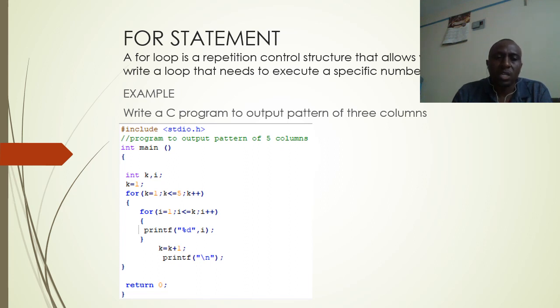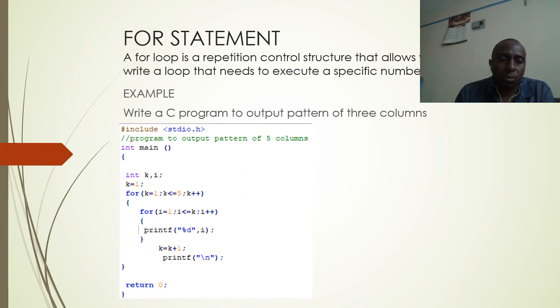When it reaches 5, the execution will be terminated. So we're incrementing the rows. Then you open a curly bracket for i beginning from 1, the same as k. i is less than or equal to 5, so you should output 5 times as the rows. The columns should also be 5, so they should be equal. i plus plus. Printf, now we're outputting the column, the i.